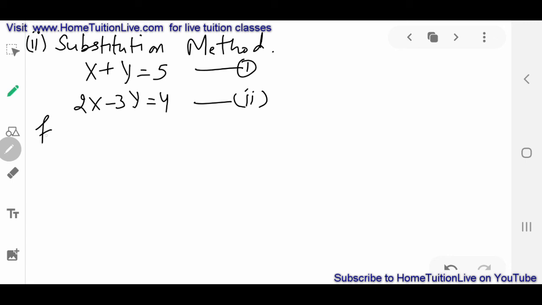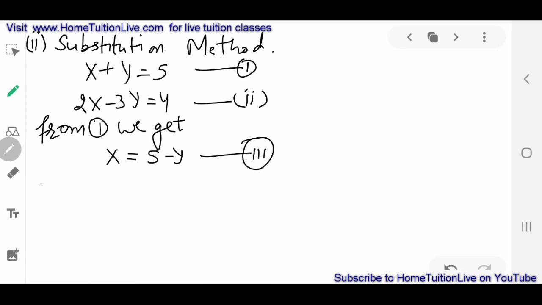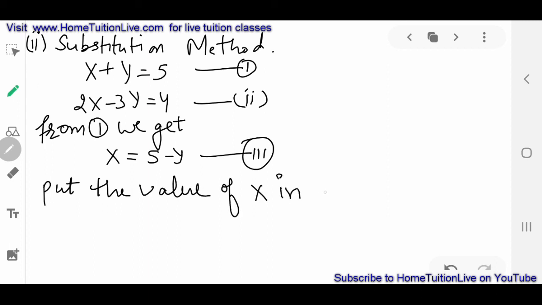From first we get x is equal to 5 minus y. So this is third equation. Now put the value of x in second equation.